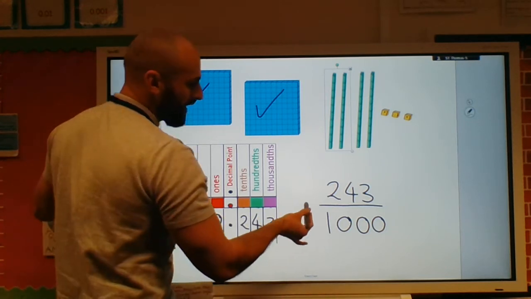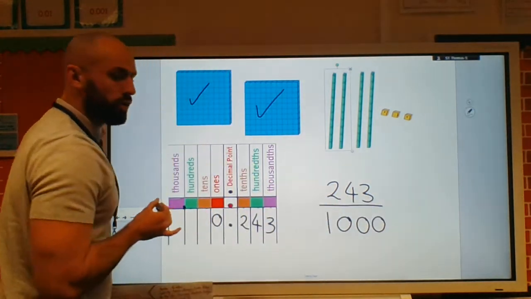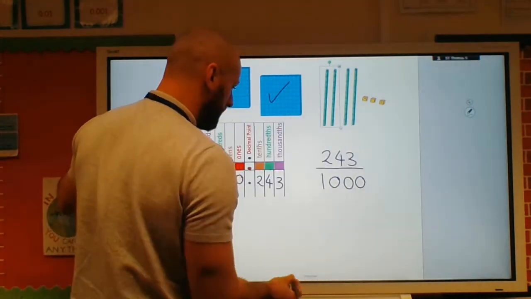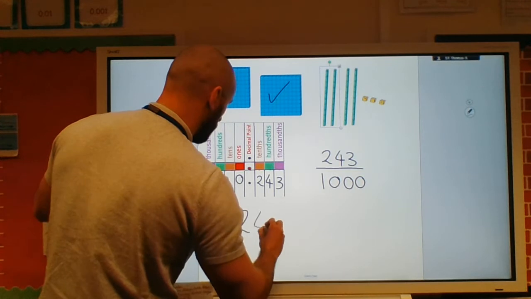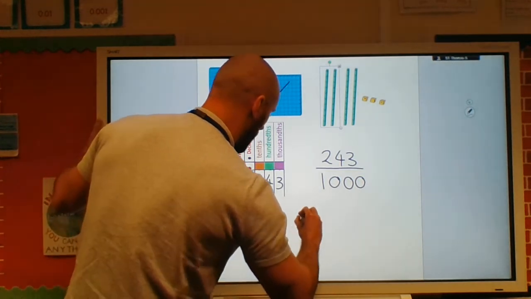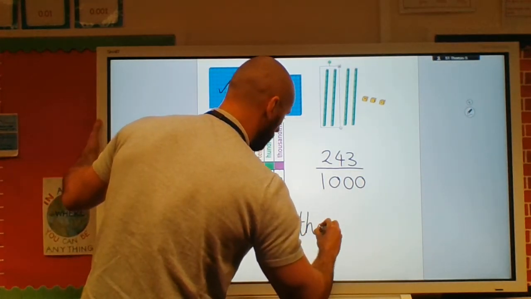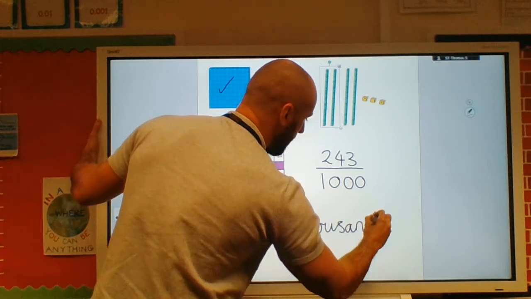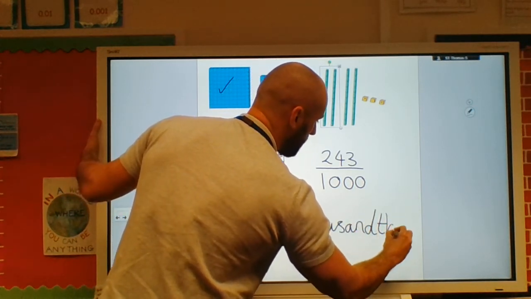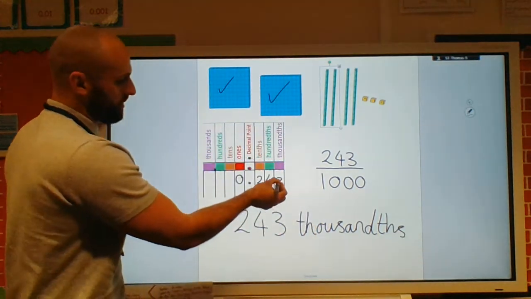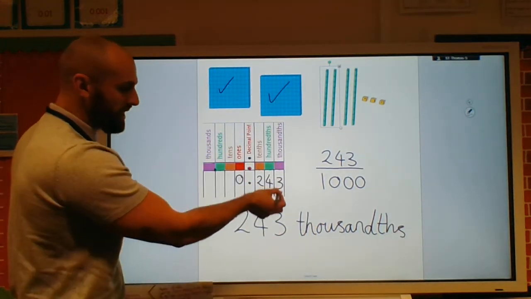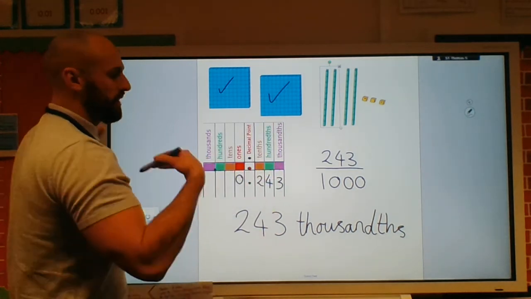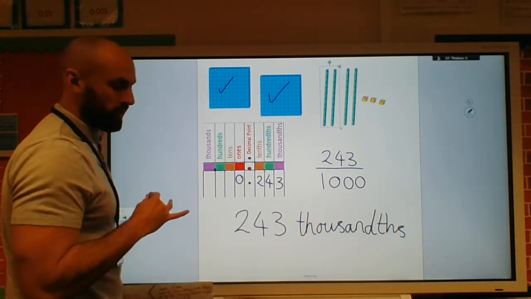Okay? Can I simplify that? No, I can't. So the way we would write it would be 243 thousandths. And the way I know it's thousandths is quite simply because there is a number that has a value in the thousands column. You need to recognise that and then say it's out of 1,000.